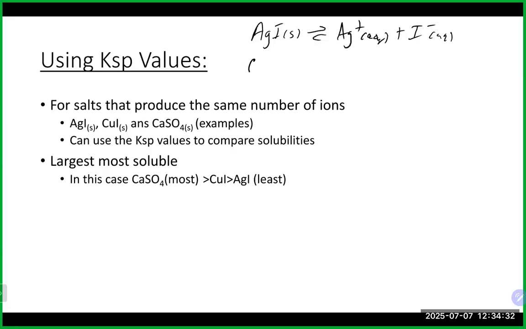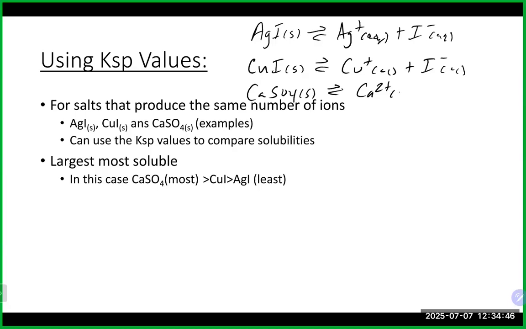When we take our copper(I) iodide and break it apart, we get a copper ion and an iodide ion. And when we take calcium sulfate, we get a calcium ion and a sulfate ion. So each one of these breaks apart into a grand total of 2 ions on the product side.